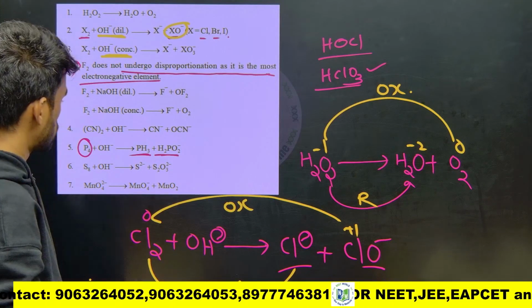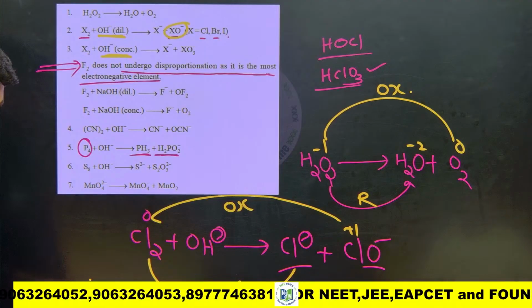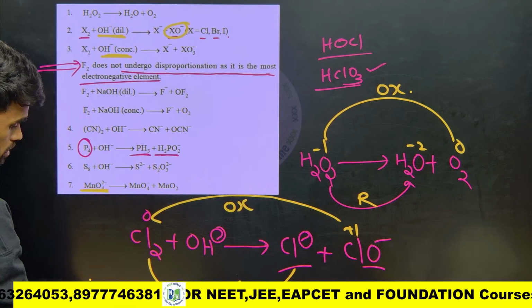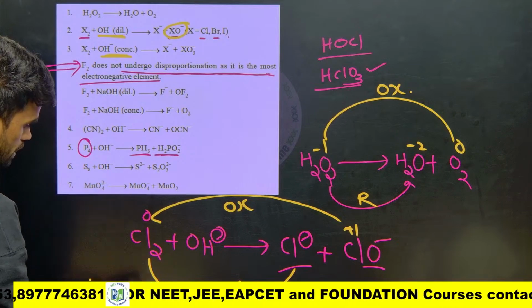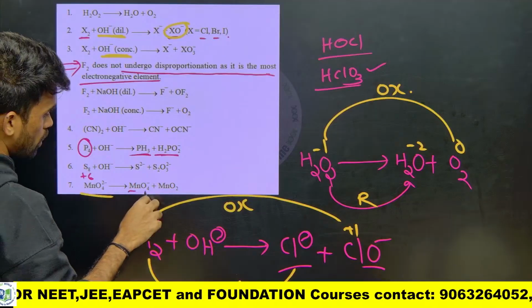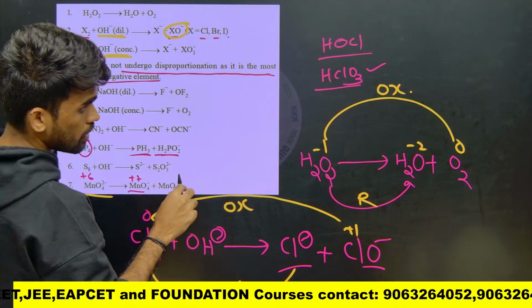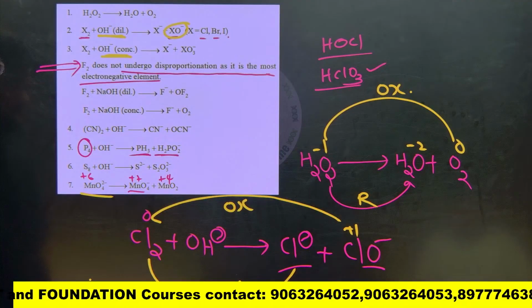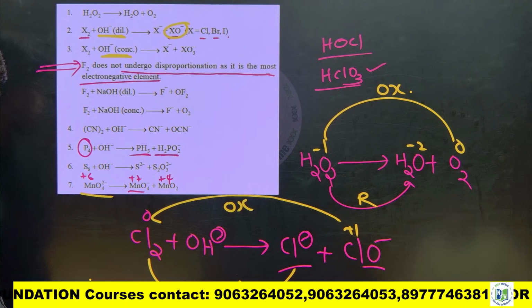So manganese, here you can see, what is the oxidation state of manganese in this case? Tell me, here in this compound it is +6, now it is forming +7 as well as +4, okay, +7 and +4. So can we say disproportionation? Yes.